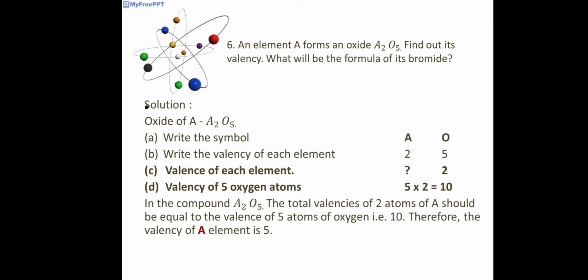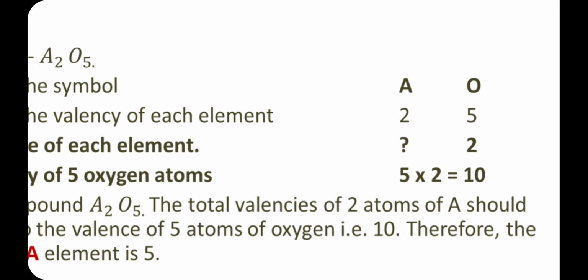So since the valency of oxygen dito na part is 5, then of course the subscript number, the valency number of oxygen also is 2. You have to multiply it. So 5 times 2 is 10. For oxygen, okay na. So paano siya magiging balance? From the A, you have to put also 5. Kasi 5 times 2 also is 10.